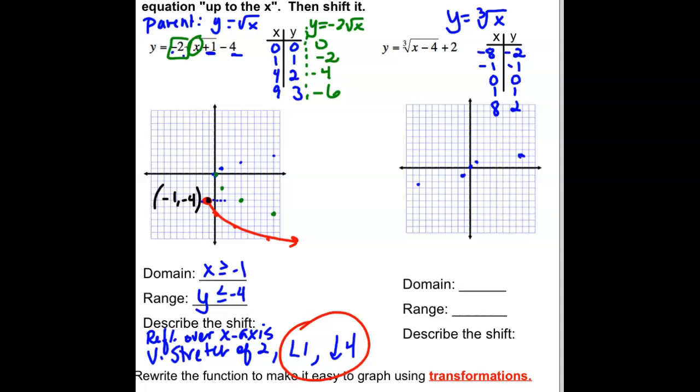Then we look at our transformation. We are going right 4 and then up 2. So we're going to take those dots and move them to the right 4 and up 2.